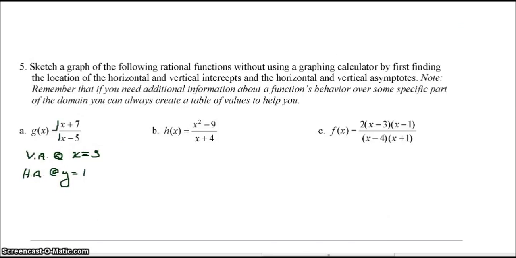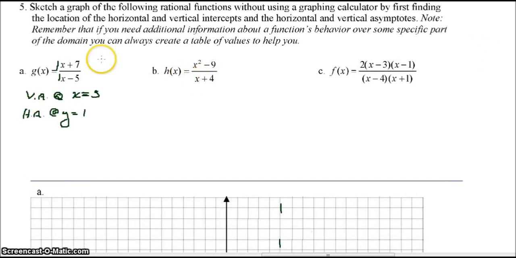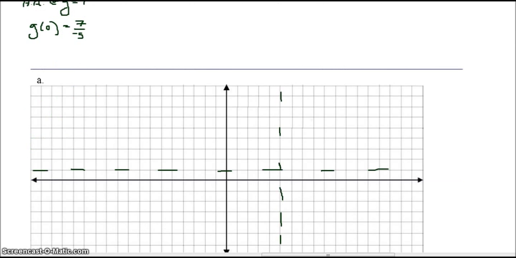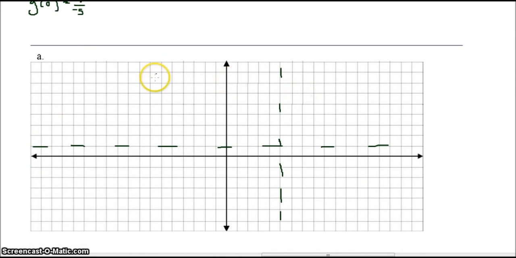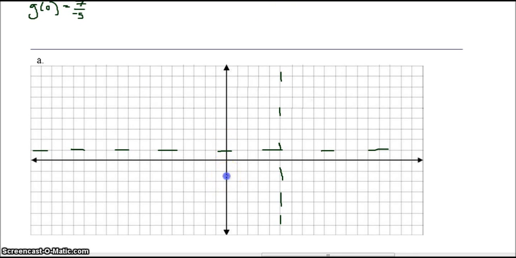Okay, what else do we know? We know if we plug 0 into the function, we'll get, what will we get? 7 over negative 5. That's the y-intercept. So that was negative 7 over 5.